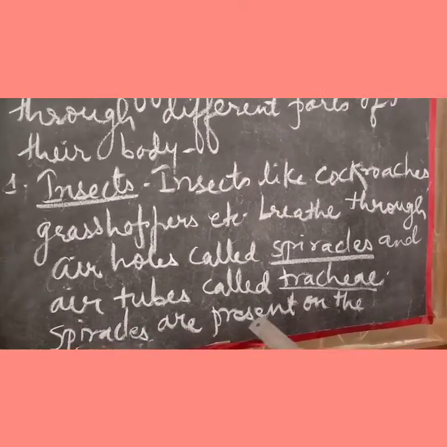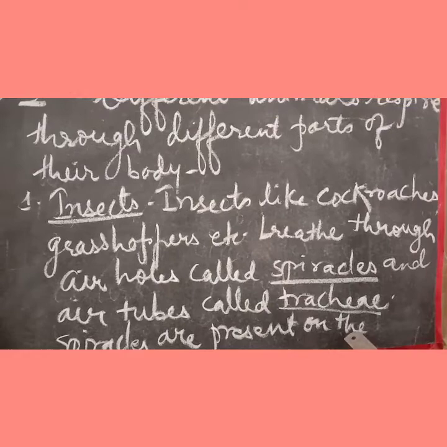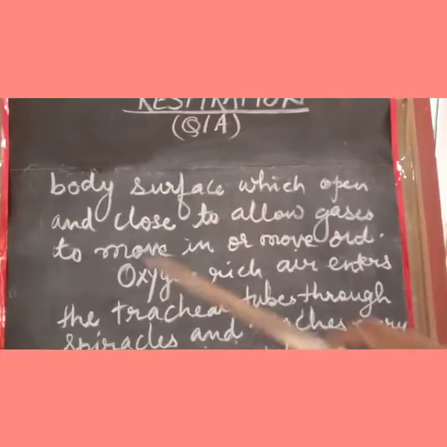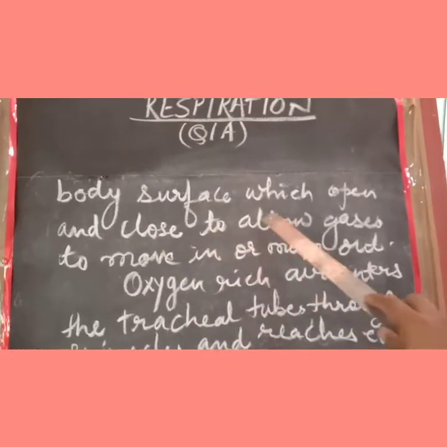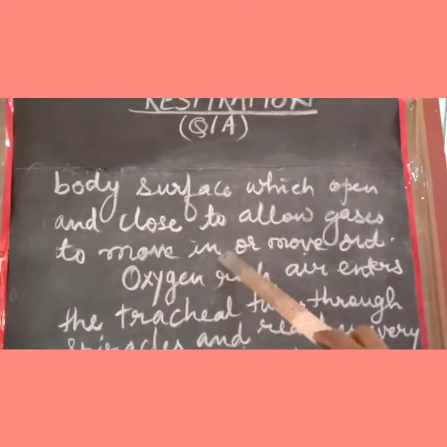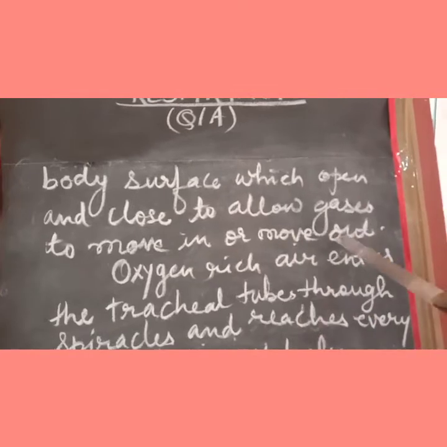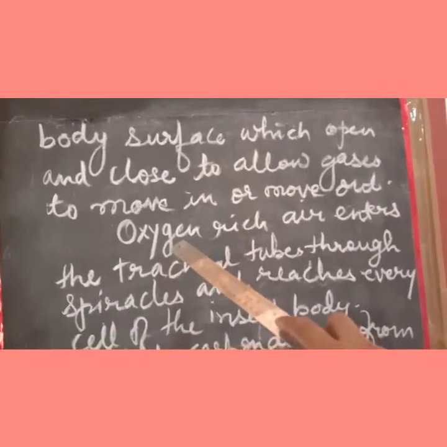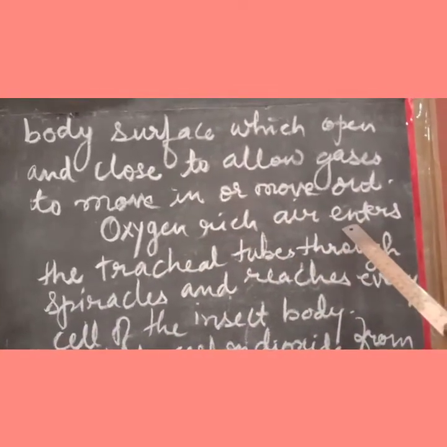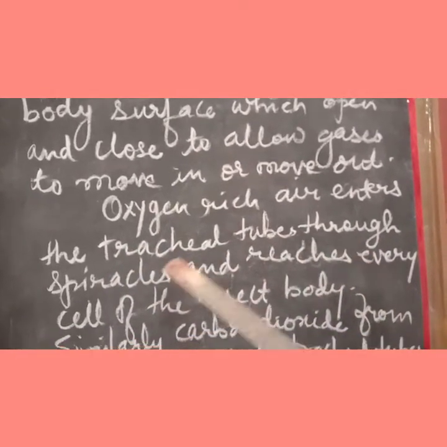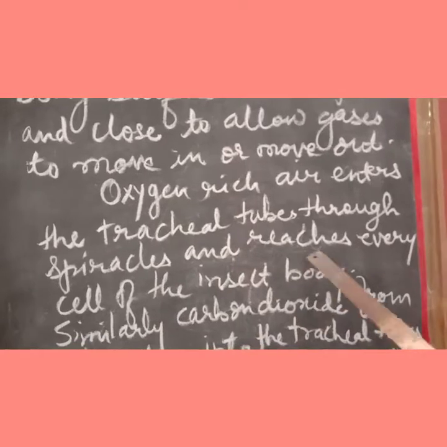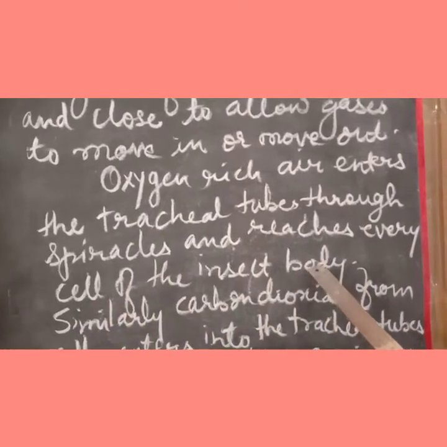Spiracles are present on the body surface, which open and close to allow gases to move in or move out of the insect body. Oxygen-rich air enters the tracheal tubes through spiracles and reaches every cell of the insect body.